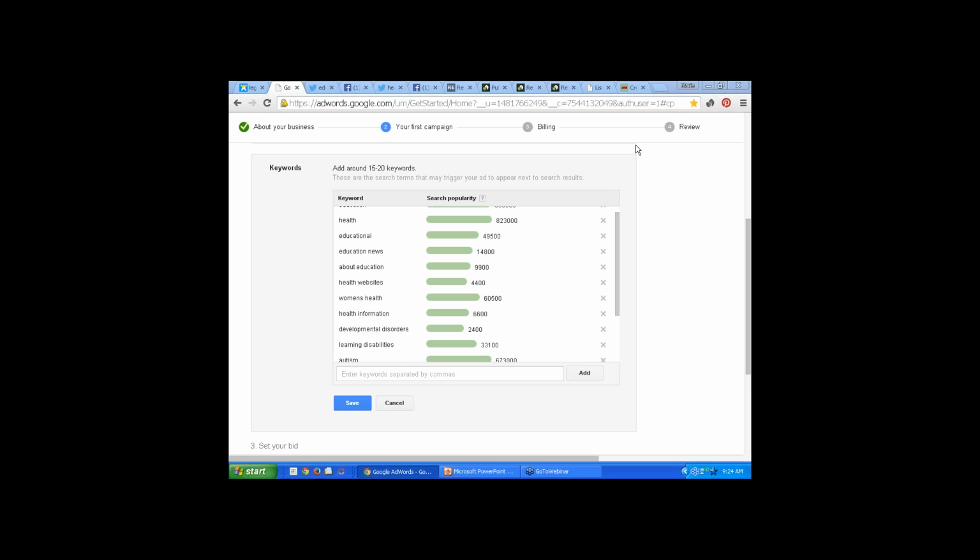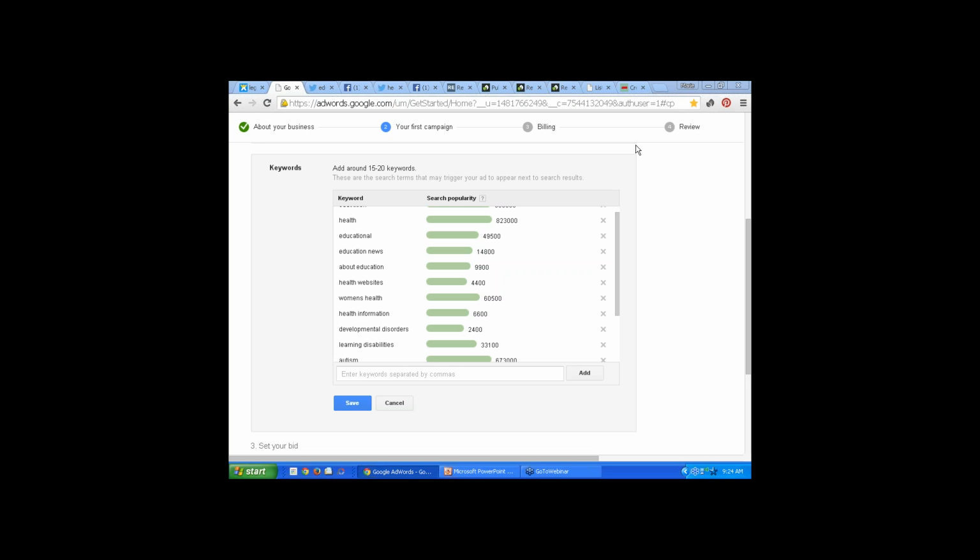So for example, in our list, we have not yet put together two subject matters. One is education and one is health. And in this, we need to figure out how we can target people in the education field without being too broad. How do we target people in the health field without being too broad? So both of these are big subjects.